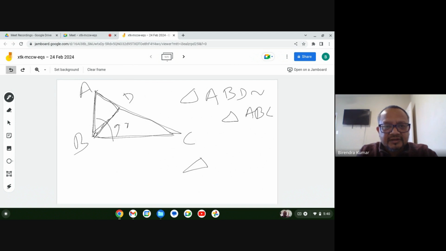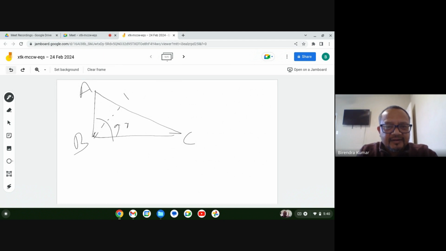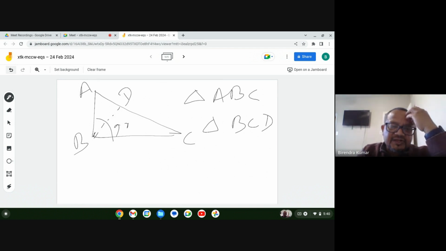Think. I'm making it simple. Triangle ABC and triangle BCD. Are these two triangles similar, if we use the same approach as we did for the first one? A, B, C, B, C, D. So what do you observe here?